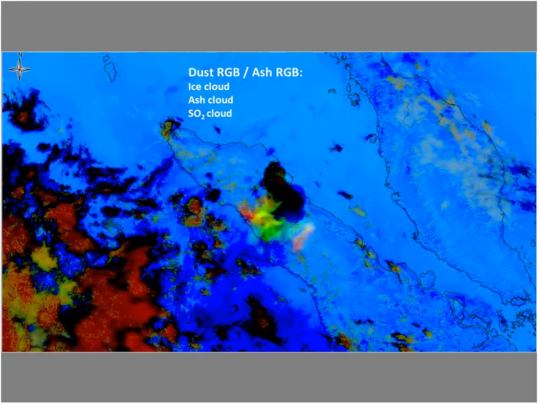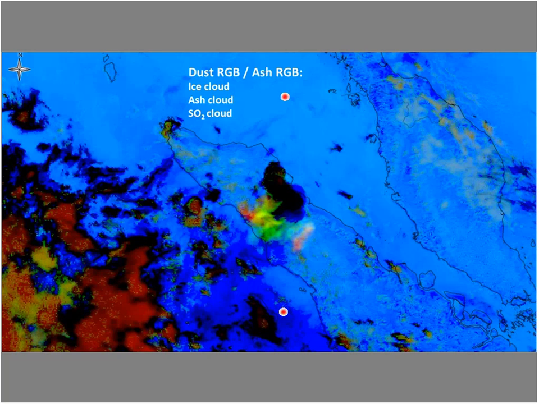Let's go ahead to the actual RGBs that are helpful to us in that case. I've put here the dust RGB, which is actually very similar to the ash RGB. They have the same components inside, the same brightness temperature differences, and so they see the same things very similarly, as you can see here.